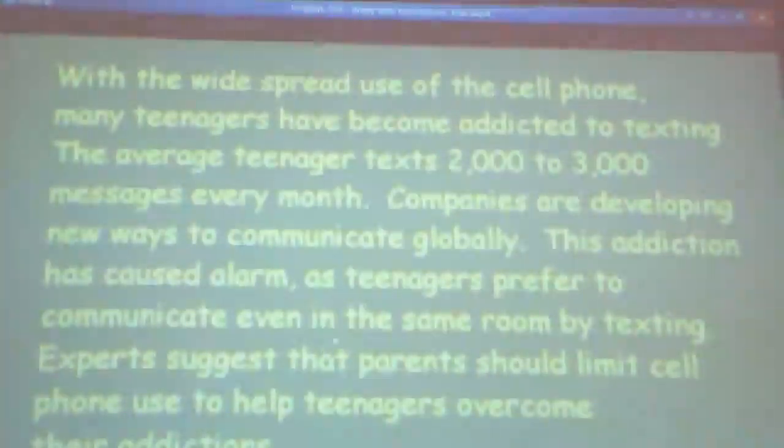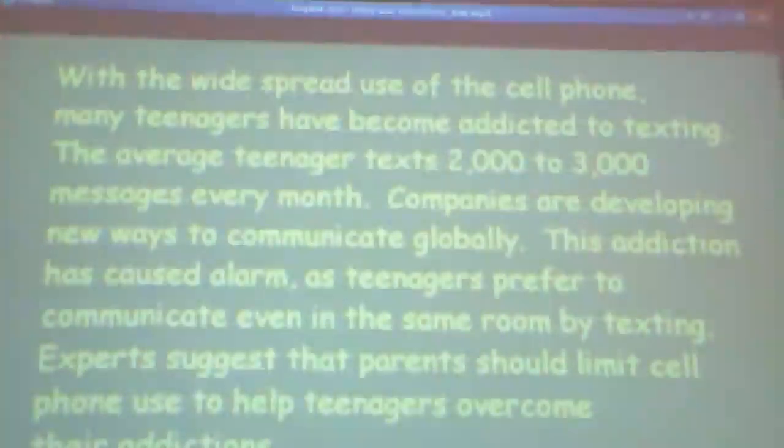Experts suggest that parents should limit cell phone use to help teenagers overcome their addictions. So the topic sentence is the first one, and then we have supporting sentences. Some of these supporting sentences are irrelevant. They don't support or help in maintaining unity. Which one is not related to the topic?